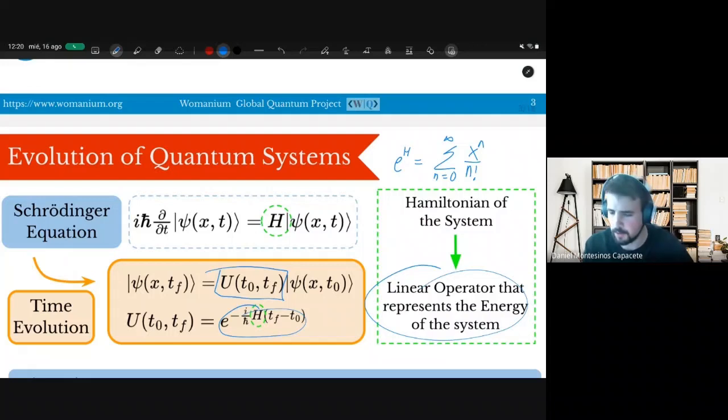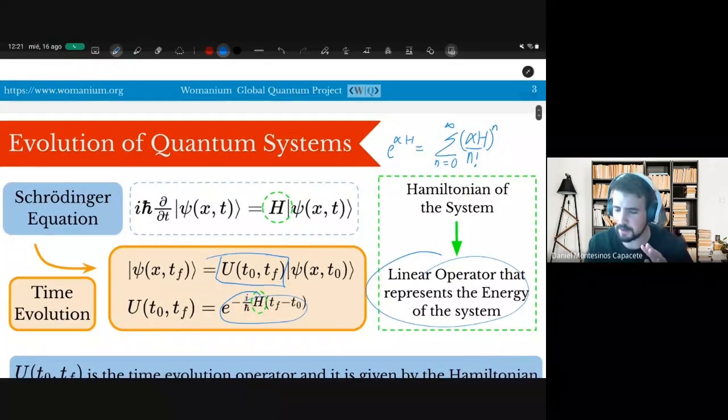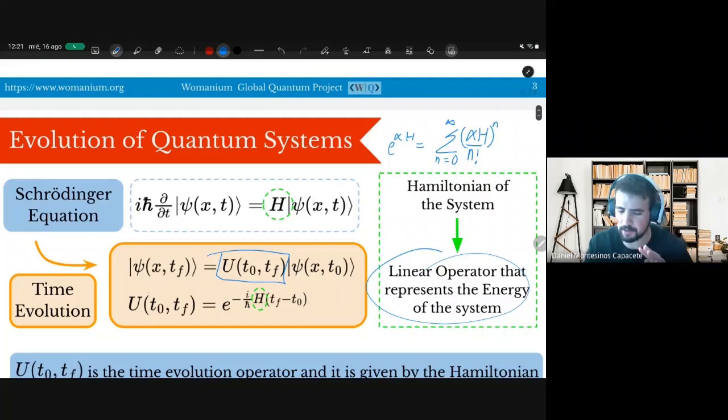You have a linear operator by a number, and you are referring to this sum over here. I hope that makes this expression in the exponential a little more clear.